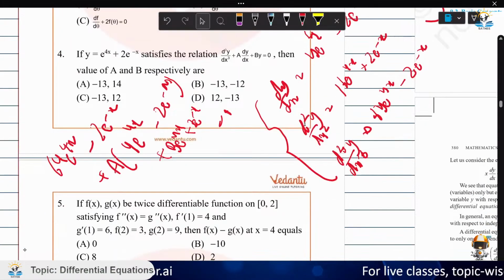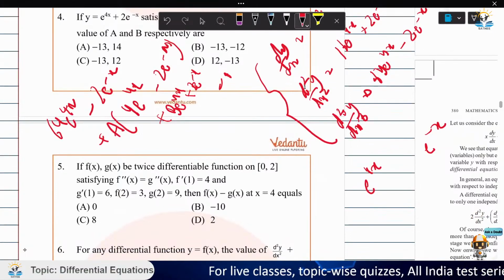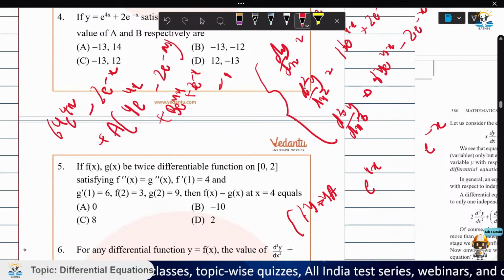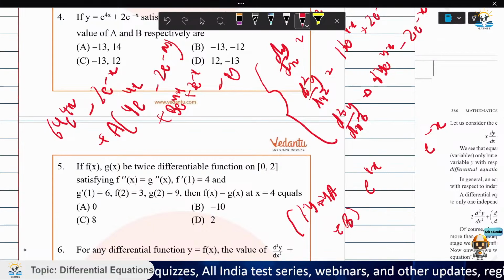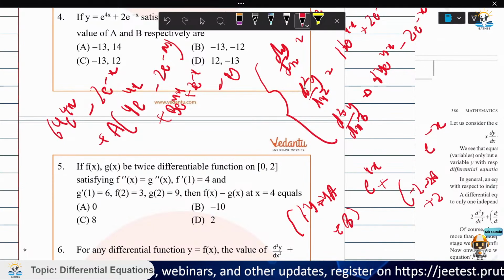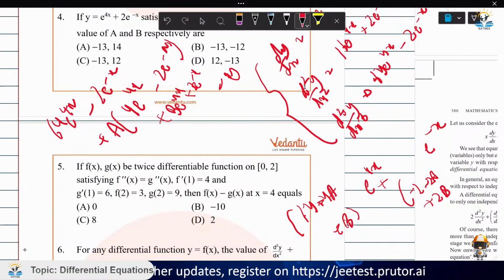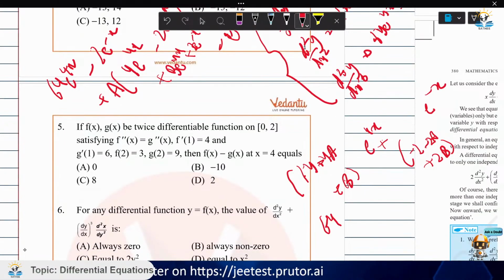Right? So let's see what it gives us. So we collect the values of e to the power 4x and e to the power minus x. We have 64 plus 4a plus b. And at this we have minus 2a plus 2a. Sorry, 2b. So these should be equal to 0.